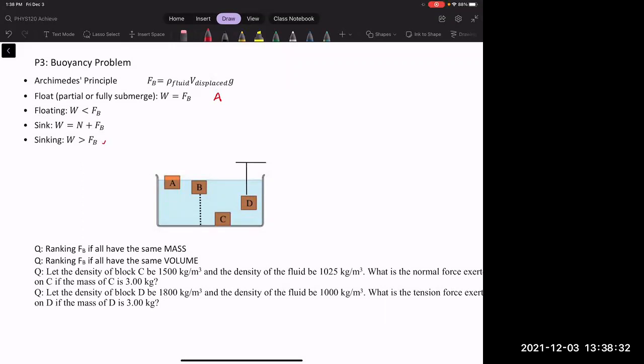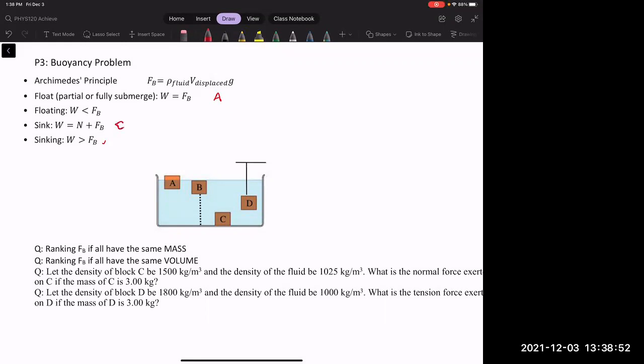That means it's actually moving, right? But in this picture we cannot show the moving, so we didn't draw those moving situations. The sinking one is C, which is this one here.